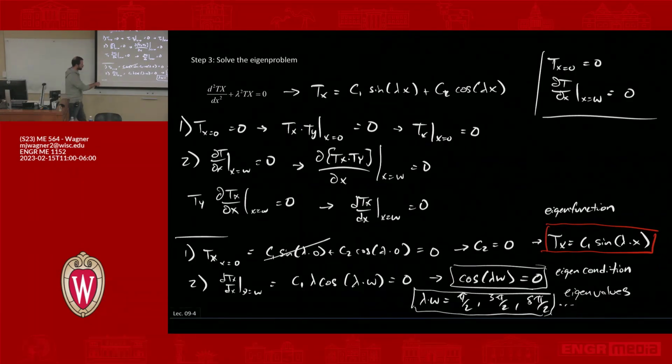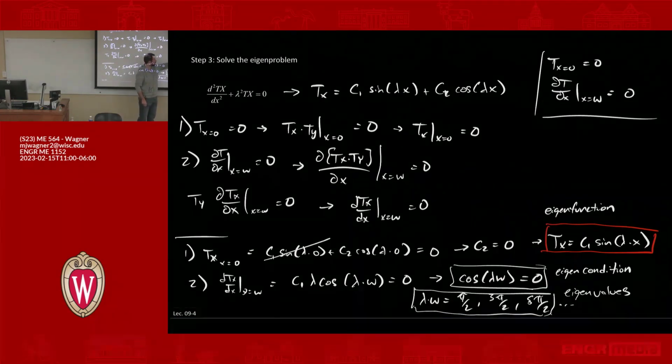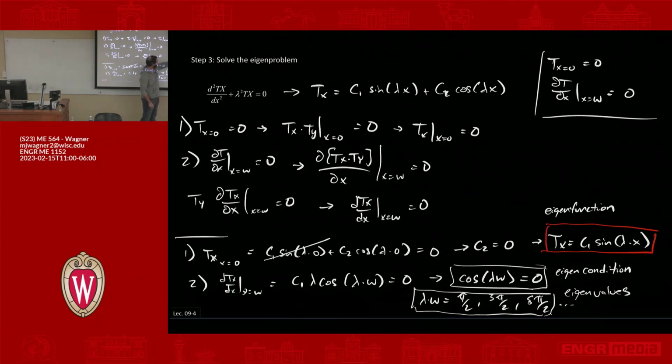Okay, the eigenfunction is what generates the eigencondition, right, when we enforce the boundary condition. So this eigenfunction stems from the boundary condition enforced at what? X equals 0. And then we get the eigencondition, which comes from enforcement of the other boundary condition. And the eigencondition is what gives us the eigenvalues.